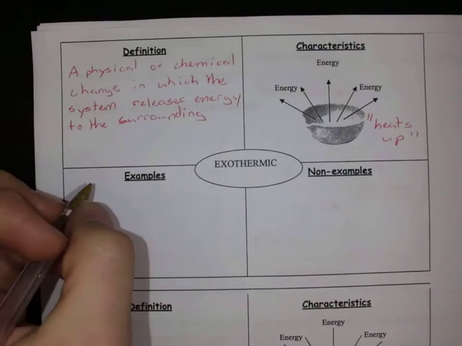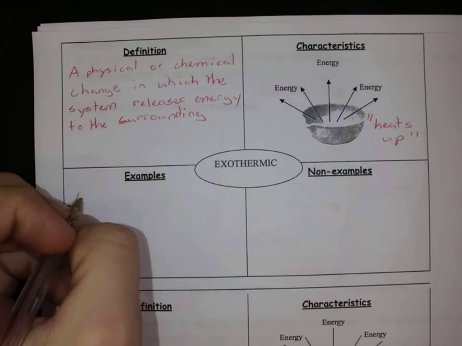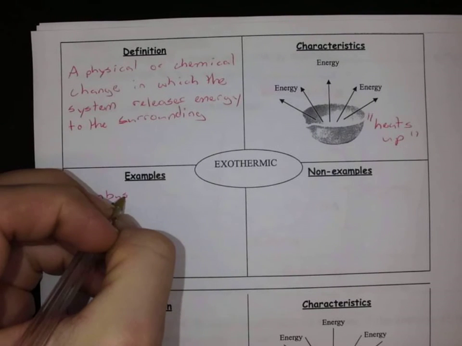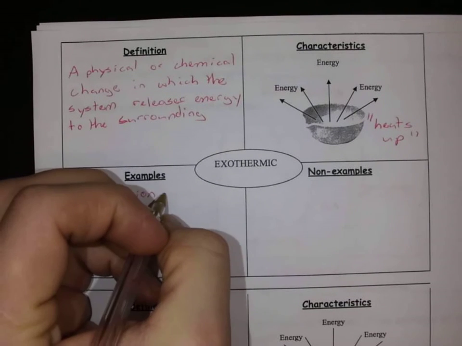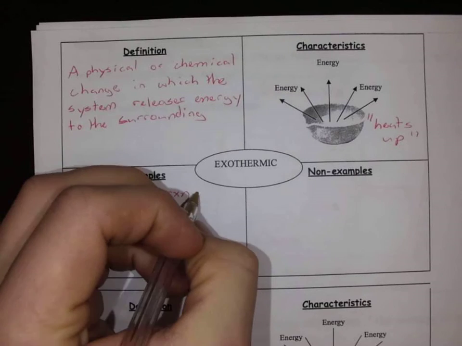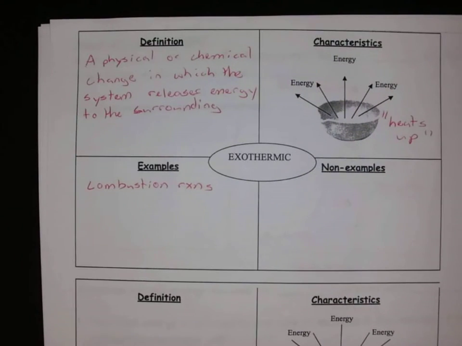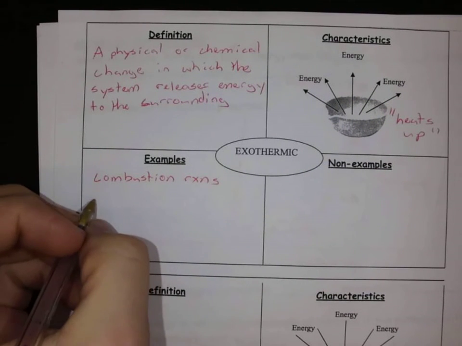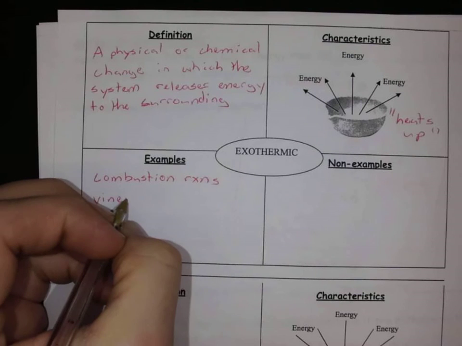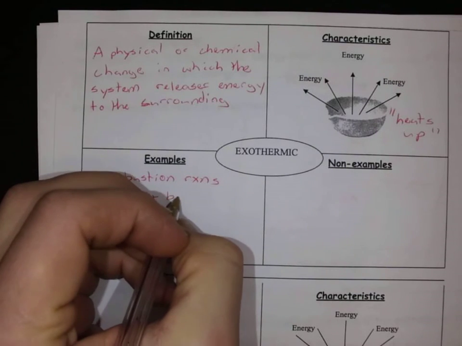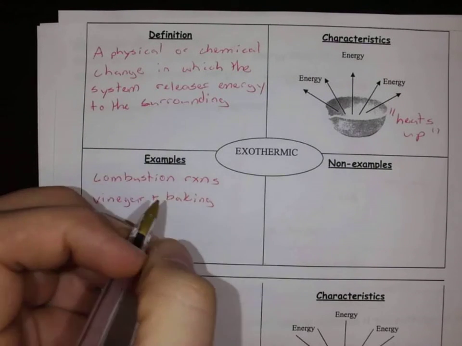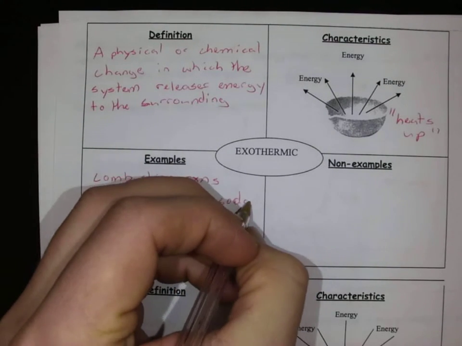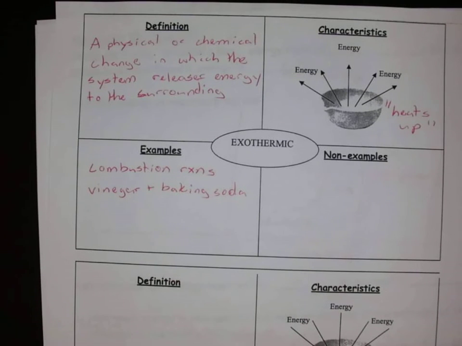So some examples, right? We could think of combustion reactions. Okay, combustion reactions, they release energy and we actually capture that energy, all right? We could think about adding vinegar and baking soda, right? We think about our fake volcanoes.